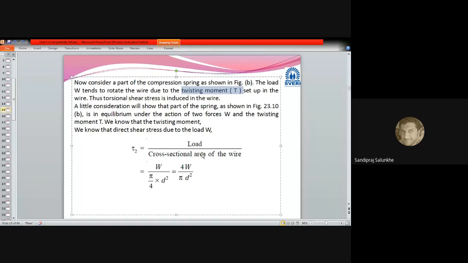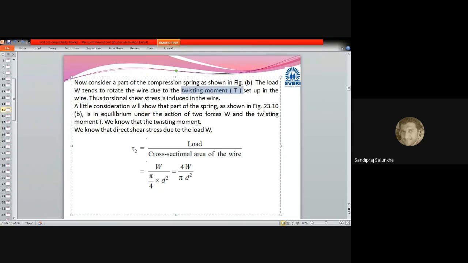If we apply W as a load on the spring, then how can we calculate the twisting moment of that spring? Okay, that is the first question. And then afterwards we can calculate the stresses which are induced. The torsional stresses will get induced.